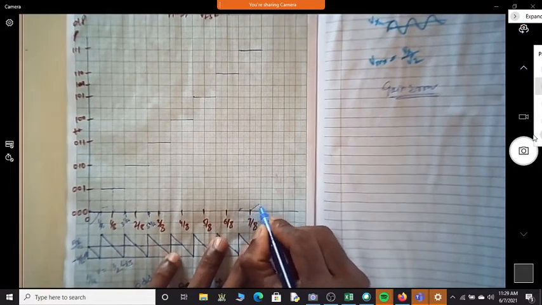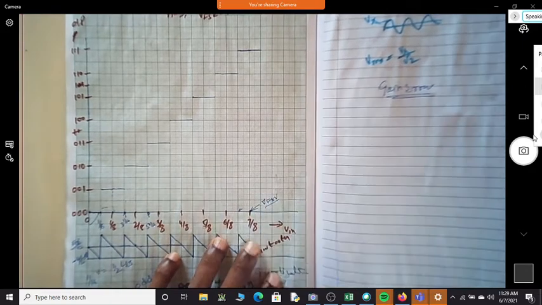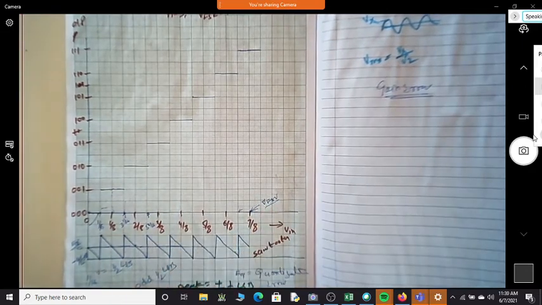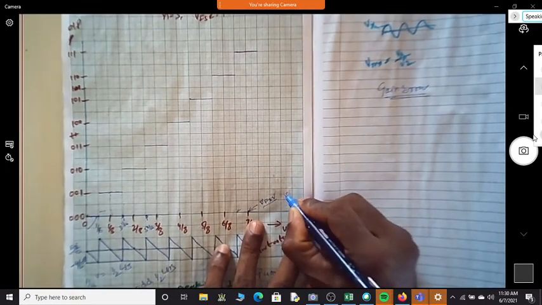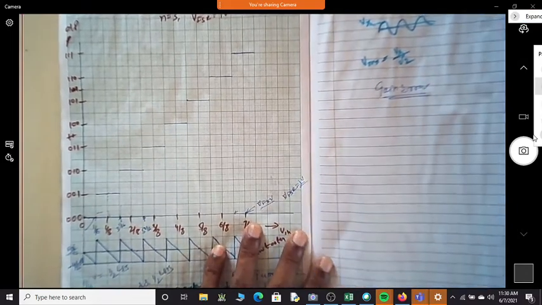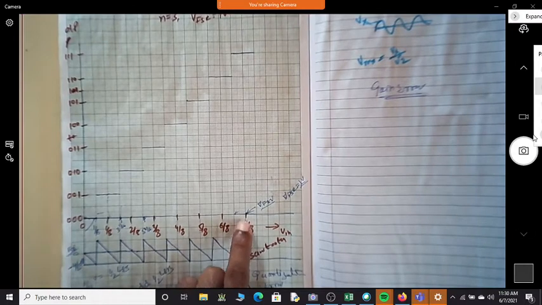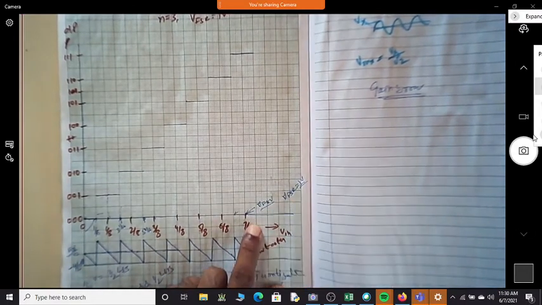Is this your FSV, the highest voltage? Is this FSV actually 1 LSB less than FSR? Yes, because VFSR is equal to 1 volt, correct? This 7 by 8, is it actually 1 LSB less than FSR?